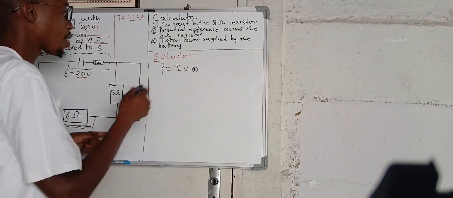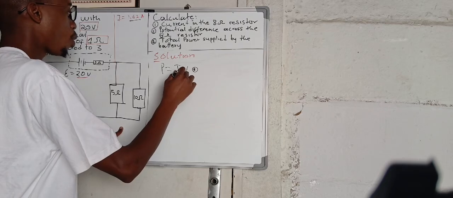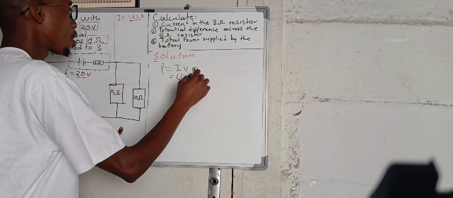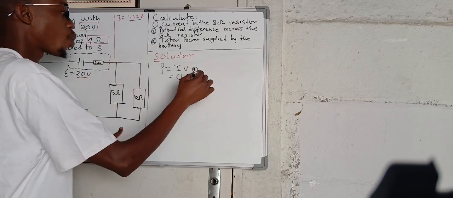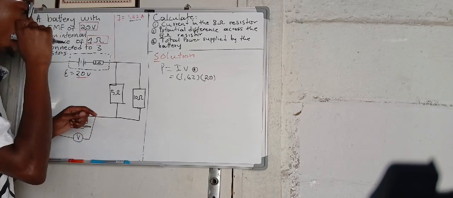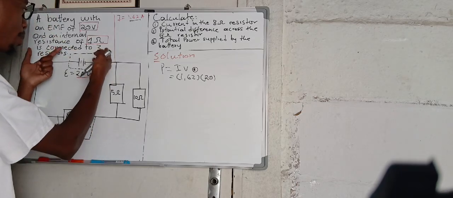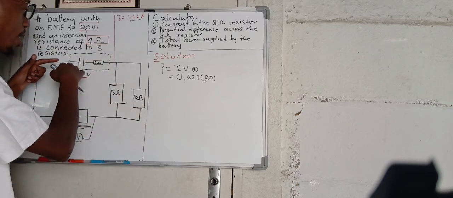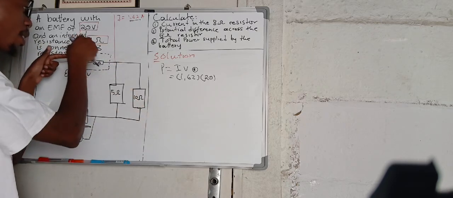The current was found as 1.62, and the total voltage is 20 volts. That is the total voltage from the battery, covering the whole voltage of the system, including what is inside the battery.